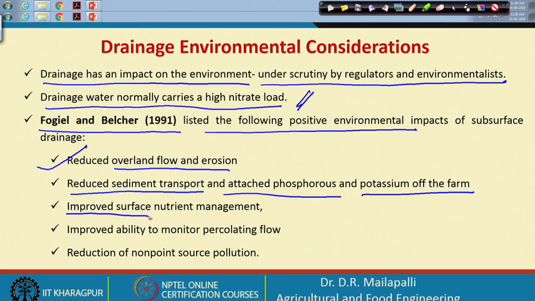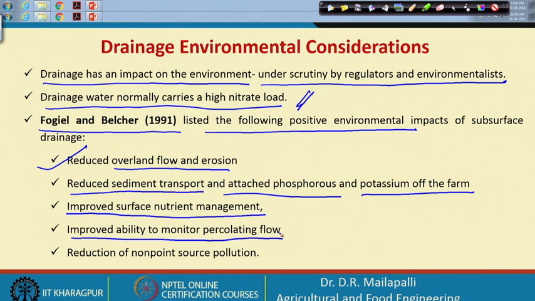If that soil is not washing off from the fields, definitely you are going to cut off the phosphorus and potassium loads into the local water bodies, and improve surface nutrient management. Since the nutrients are not running off from the fields, you retain the nutrients on the field, and you can improve the ability to monitor percolating flow.